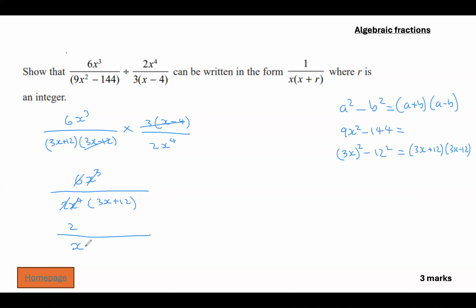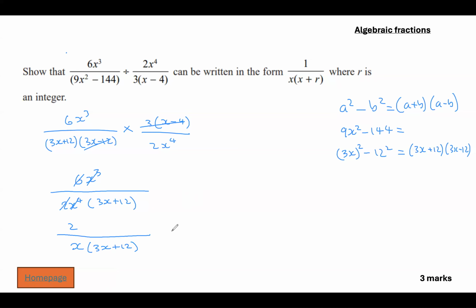And then we have 3x plus 12 over here. Now, have we missed anything out in this question? Because we are meant to end up with a 1 there.